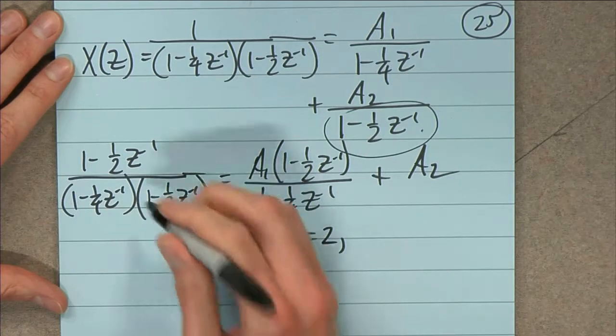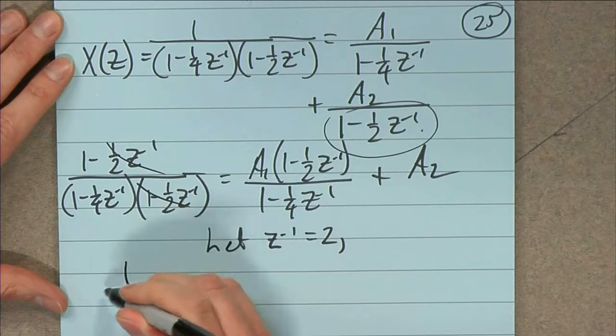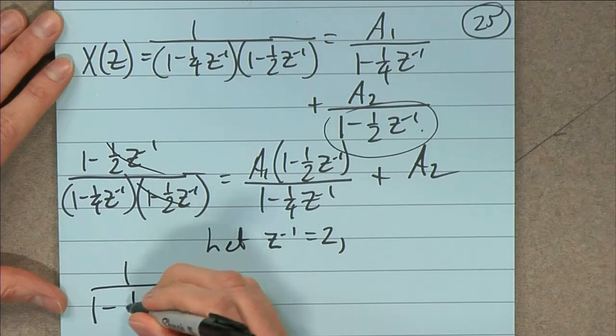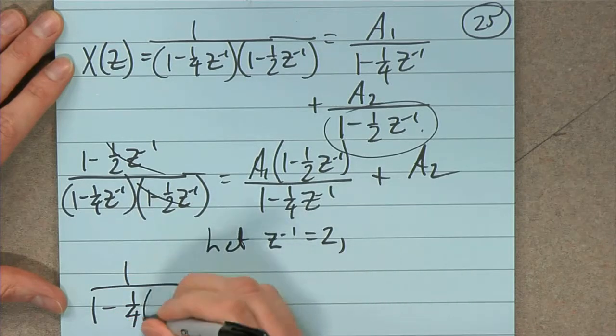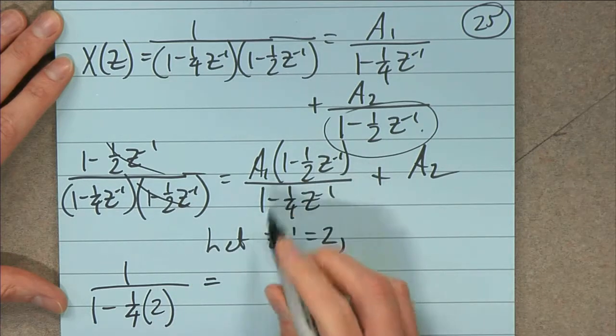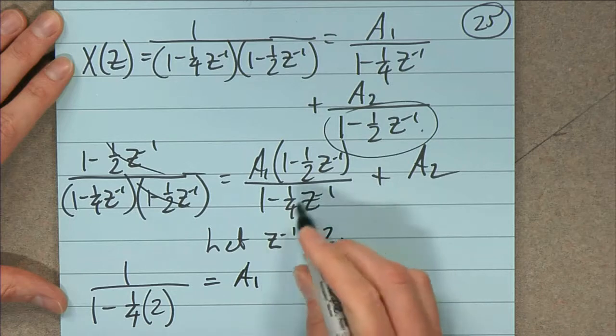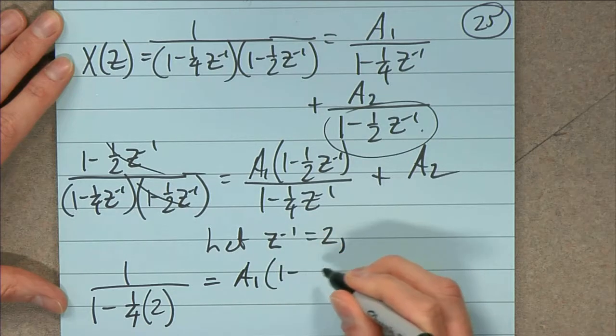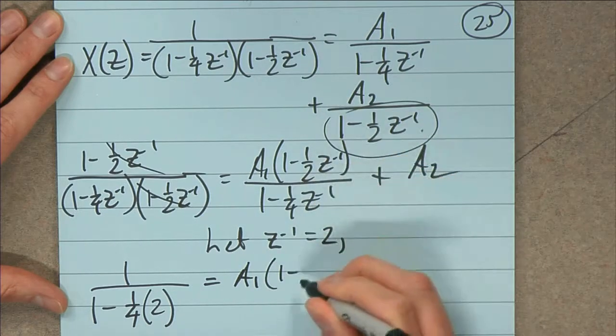So since these cancel, we end up with 1 over 1 minus 1/4 times 2. And this is what? a1 times 1 minus 1/2 z inverse, where z inverse is 2. A half times 2 is just 1.